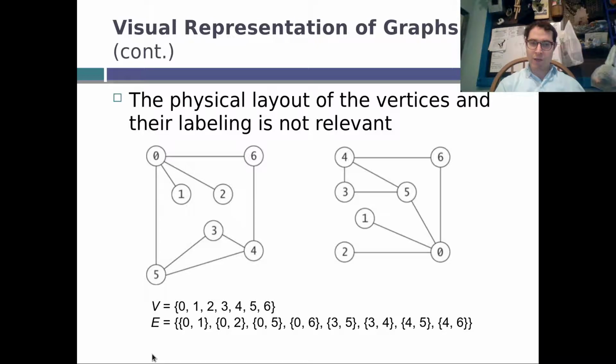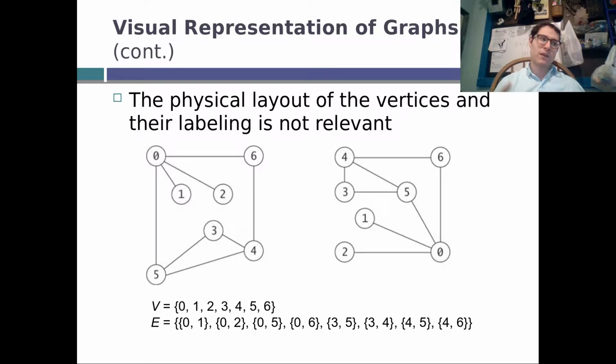If we specify there's a relationship between 0 and 1 and 0 and 2, then we better have lines from 0 to 1 and 0 to 2. Both of these are correct ways to draw the graph. So keep that in mind.